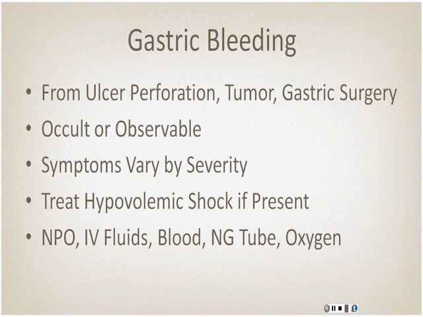Symptoms will vary by severity of the problem. Treatment for hypovolemic shock will need to happen if present. With mild bleeding, they may have some weakness or just feel a little lightheaded. They can also, as this progresses, have dizziness or diaphoresis.